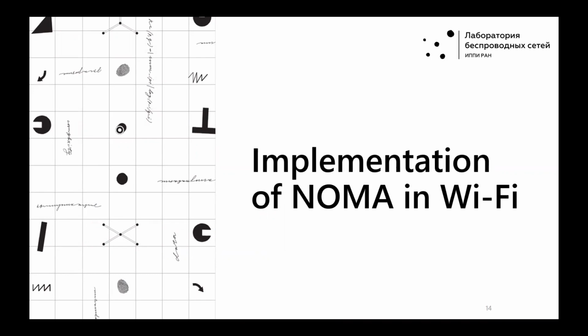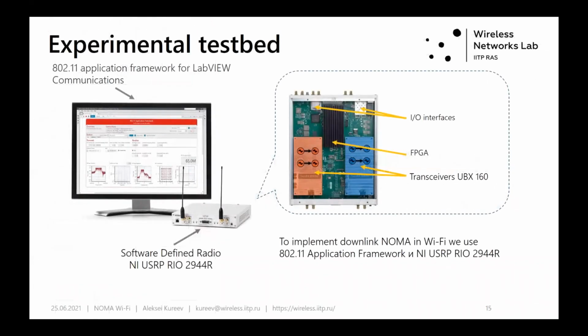If we consider the implementation issues of NOMA in Wi-Fi, all these techniques that I mentioned before, like using symmetric superposition coding instead of usual superposition coding and the constellation rotation, are applicable to any technology that is going to use NOMA in downlink.